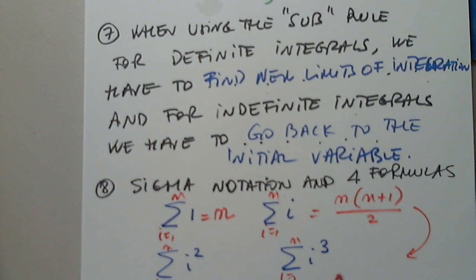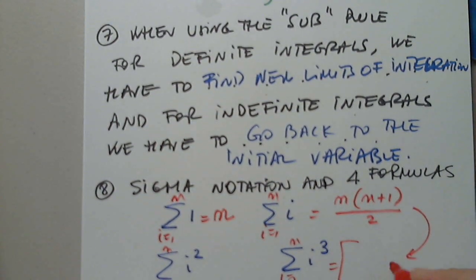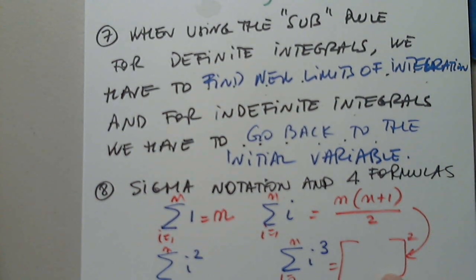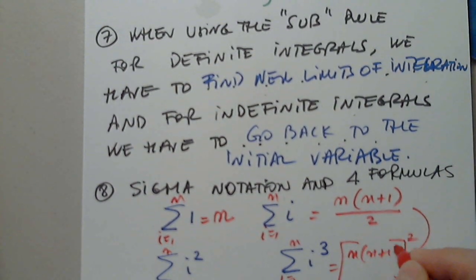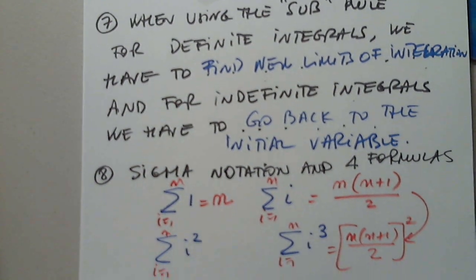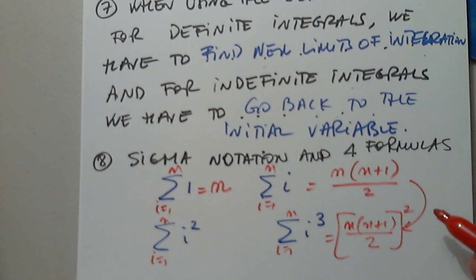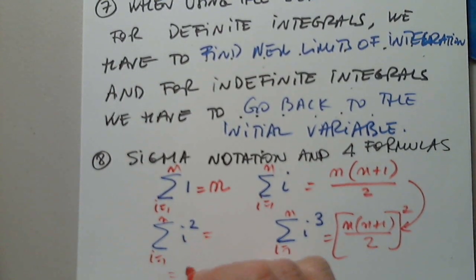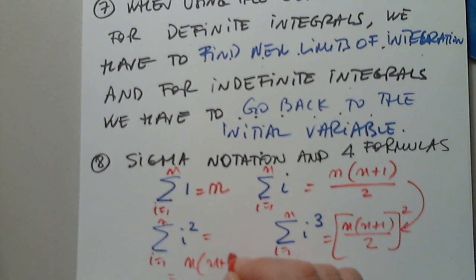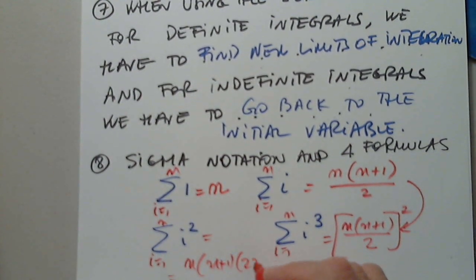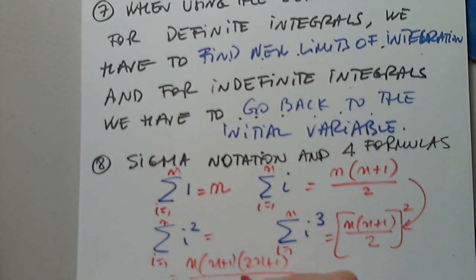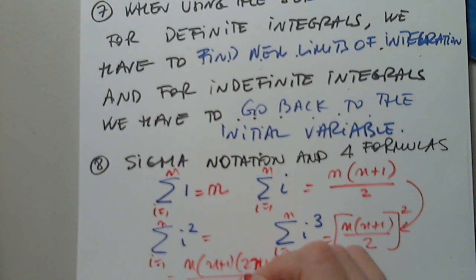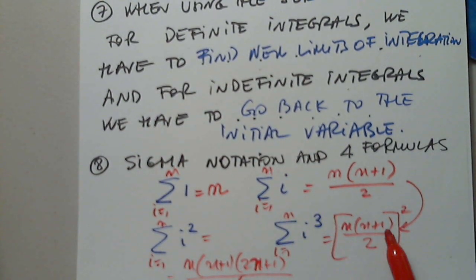The third one is n times n plus 1 times 2n plus 1, over 6. The last one is the same as the second but squared: n squared times n plus 1 squared over 4.